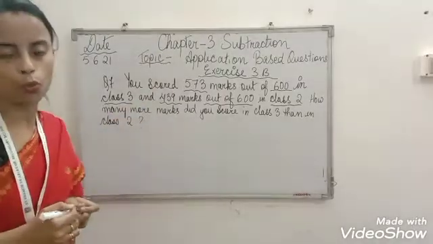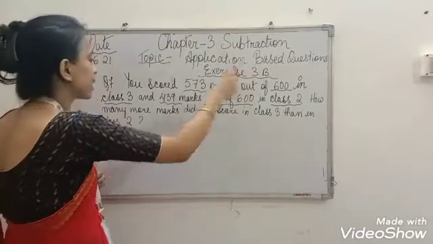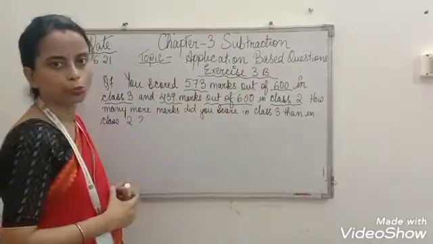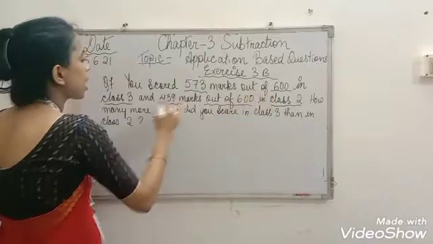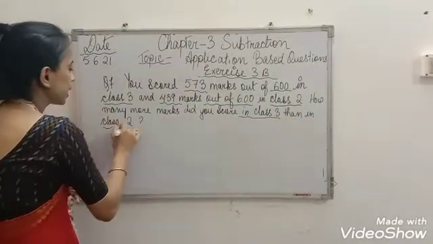These are your scores that you got out of 600 in class 3 and in class 2. How many more marks did you score in class 3 than in class 2?